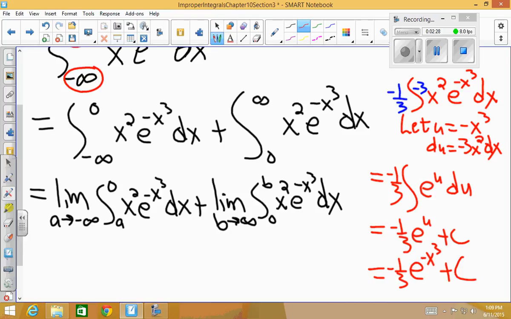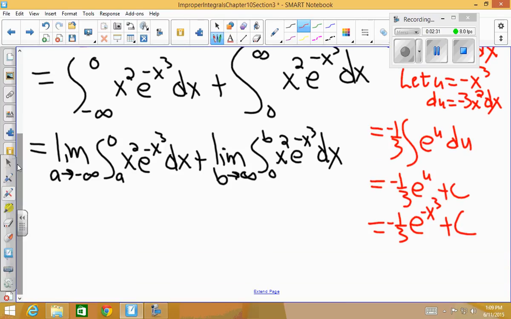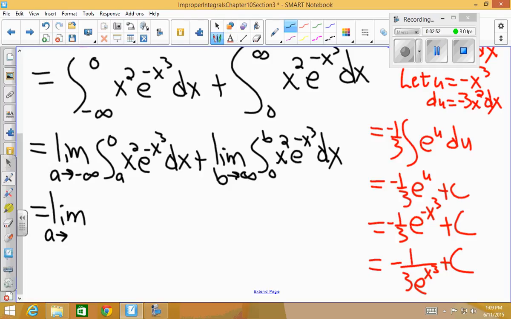And in fact, if one wanted to, the negative on the exponent will drop that factor of e into the denominator. It may help us down the line. Okay, so here's an antiderivative. So when we want to use that here, this tells us that we have the limit as a goes to negative infinity of negative 1/3 e to the x cubed.